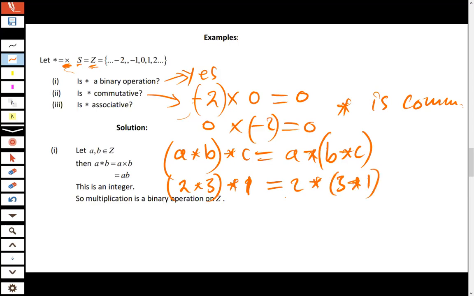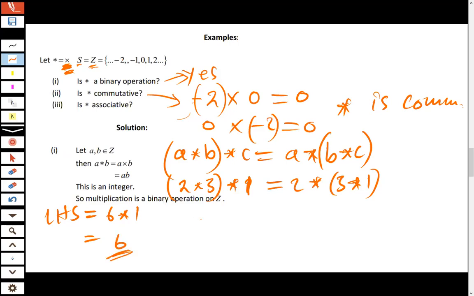So we can start with the left-hand side. We start with what is in the bracket. So 2 star 3, we're using the operation as multiplication there. So 2 star 3 is simply 2 times 3, which will give us 6. Then we have star 1, so the star still remains multiplication. So 6 times 1, the answer is 6.